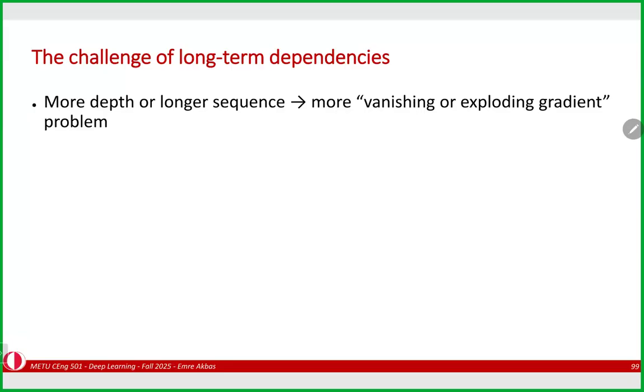And the invention of transformers, self-attention and transformers, is because of this problem. So they solve this problem in a much better way than LSTM does. That's why it's important to understand what this problem is. If we have more depth or longer sequences, then we have more vanishing or exploding gradient problems. I will show you mathematically why this is the case.